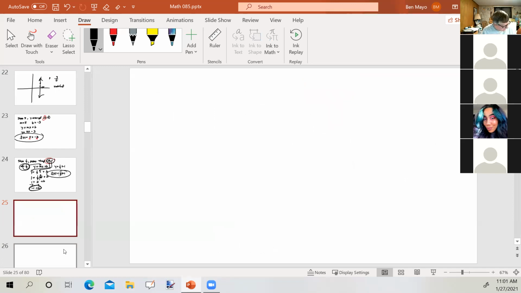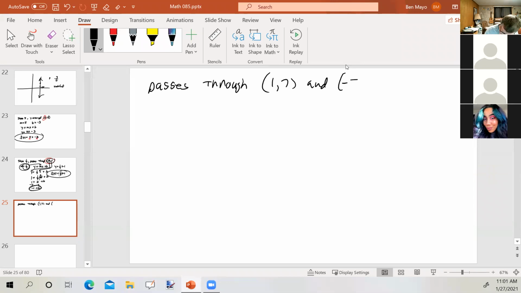Here we want the equation for a linear function that passes through the following 2 points, (1, 7) and (-2, 1). Again, we need the slope and we need the y-intercept. In this case, they haven't given us either one. But if we use the slope formula, that will give us the slope.